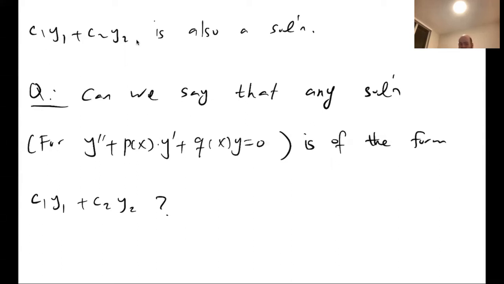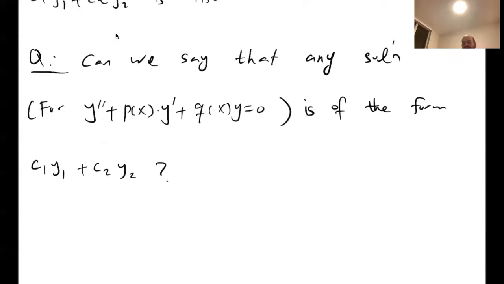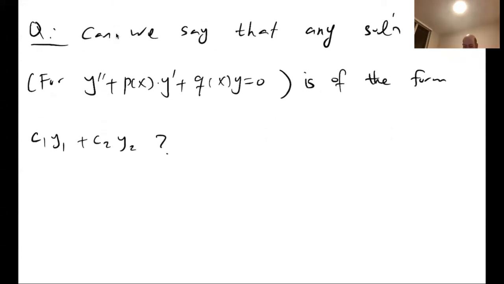So we know that this is a solution if Y1 and Y2 are solutions, but do they generate all the solutions? In other words, can we say any solution will be necessarily of this form? We can say that as long as Y1 and Y2 are linearly independent.